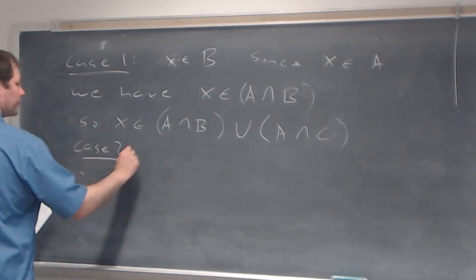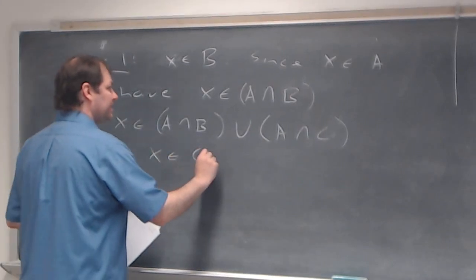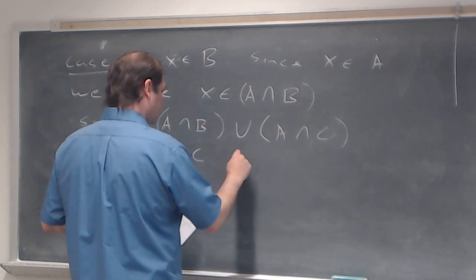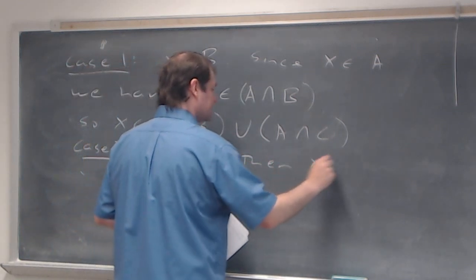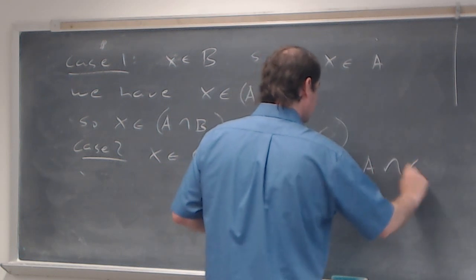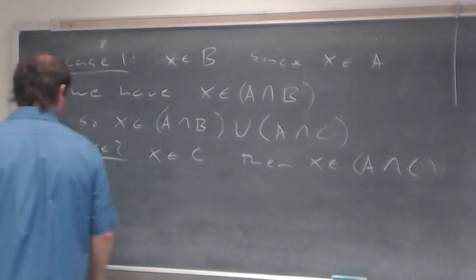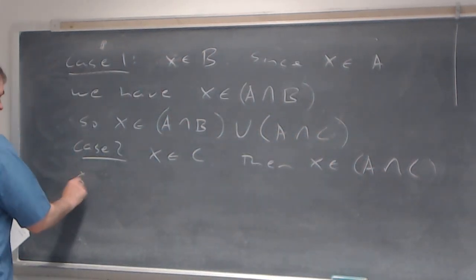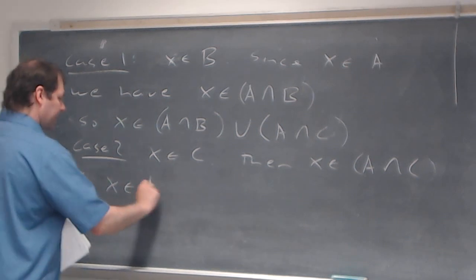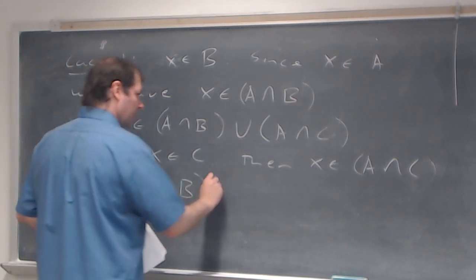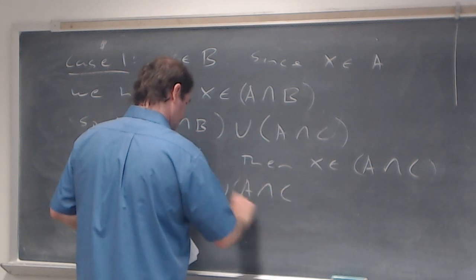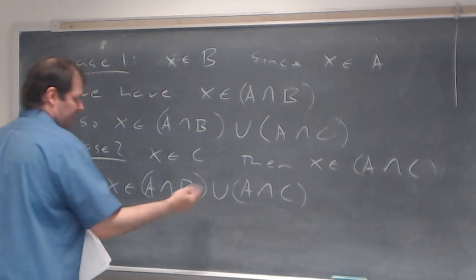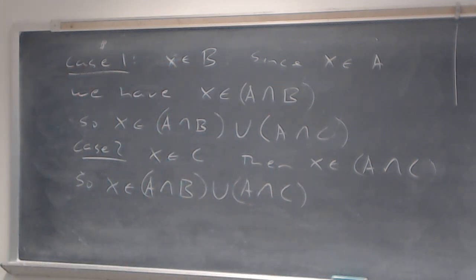Case 2 is if X is an element of C, then we have that X is an element of A intersect C. So it's in that set union anything. So X is an element of A intersect B union A intersect C, because X is in this set, so it's in this set plus some other set.